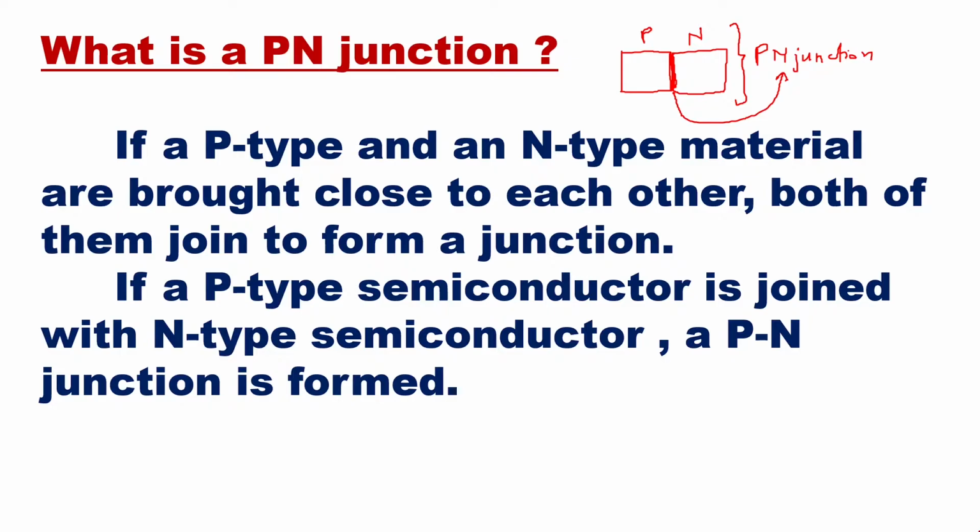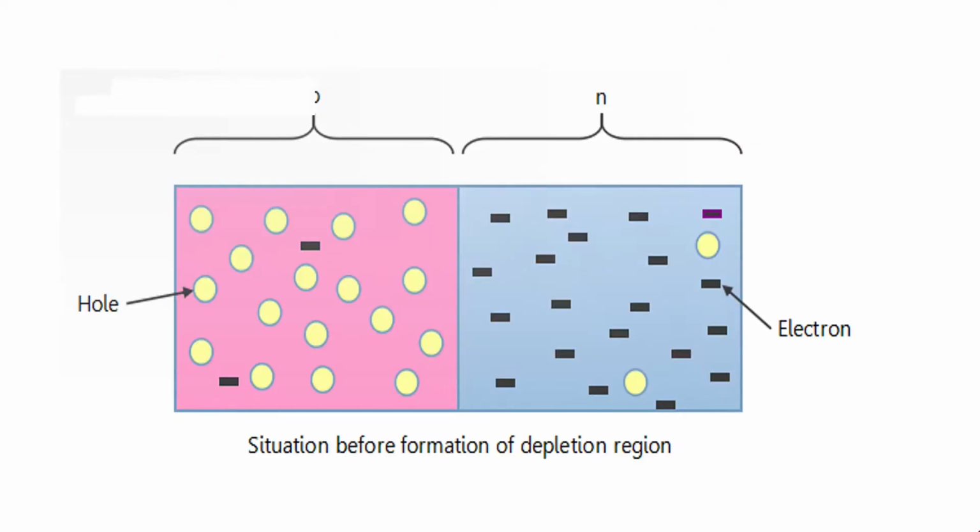Now after this, what happens when you join p-type and n-type semiconductor? That is important. Here you can see a diagram of p-type and n-type semiconductor. This is your p-type semiconductor, and this is the n-type semiconductor. In p-type semiconductor, we have majority charge carriers. As you remember, when you added a trivalent impurity to a pure semiconductor like silicon or germanium, we got p-type semiconductor, and in it the holes were the majority charge carriers.